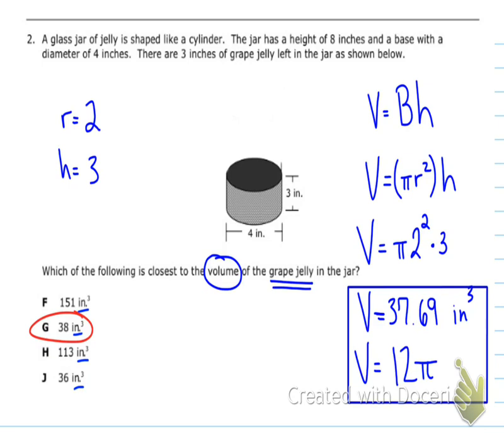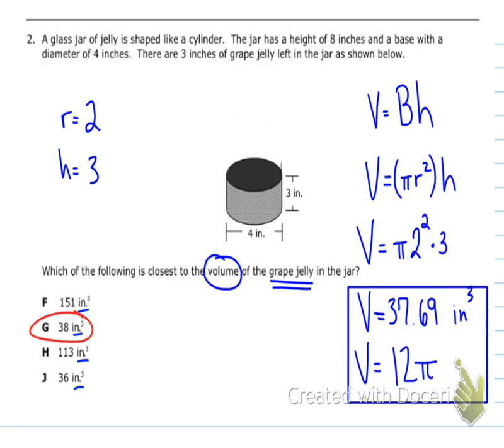Both of those are correct. It just so happens that right now, this problem is fully worked out, 37.69. It could be that the answers are in terms of pi. And if that was the case, then I'd be looking at a 12 pi.